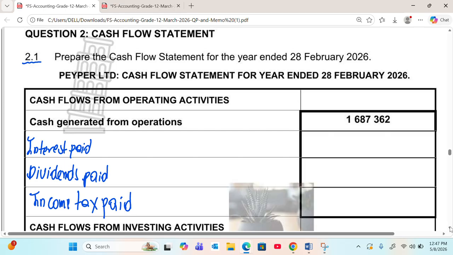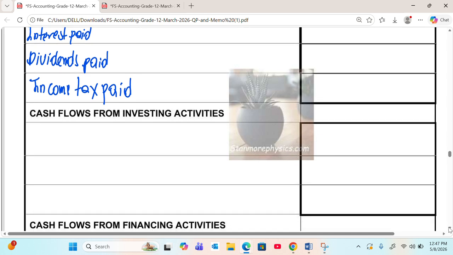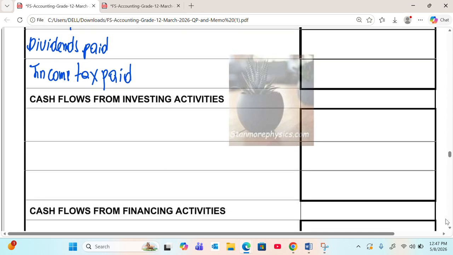And then we also have cash flows from investing activities. Investing activities, guys, just think about the movement of fixed assets. Are we buying any vehicle? Are we buying any equipment? Are we buying more land? Or are we selling our fixed assets? We here will record the movement of fixed assets.